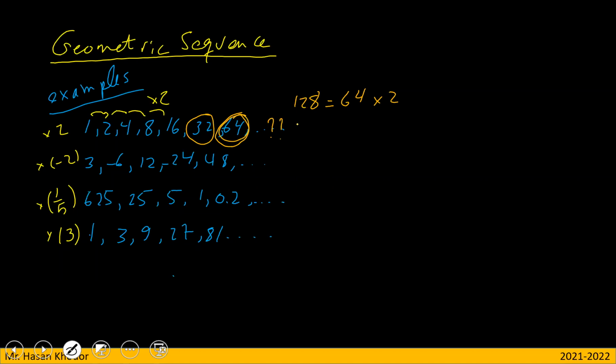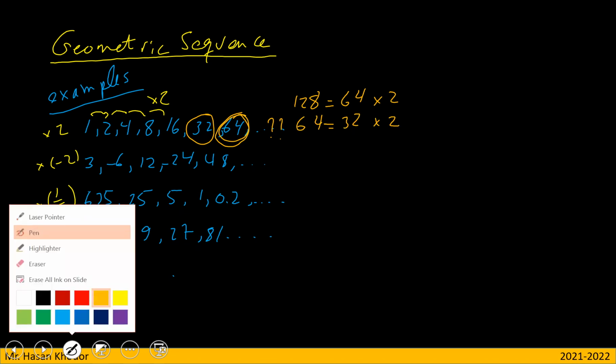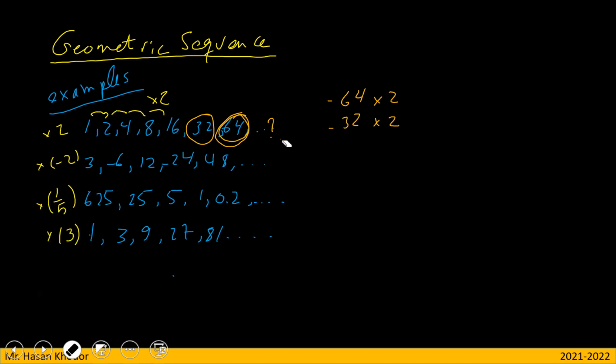So 64 comes from where? 32 times 2. So every time, if I want to find any term, I'll take the previous term and multiply it by 2.